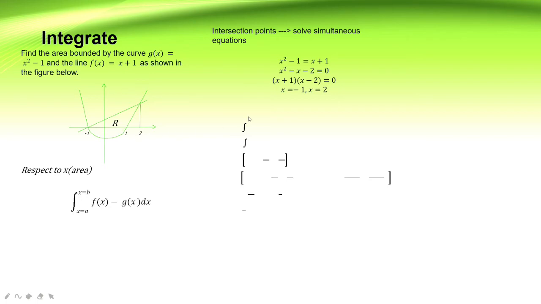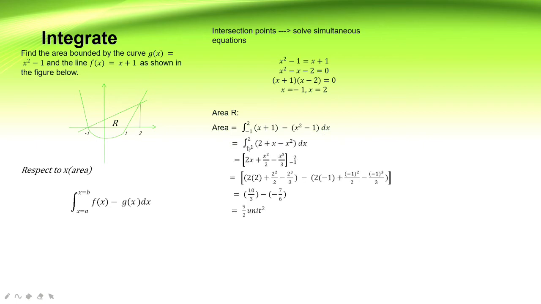After that we can insert it in the equation. Area equals the integral from -1 to 2 of x plus 1, which is the straight line, minus the curved line, which is x squared minus 1, dx. First we expand and simplify the expression.